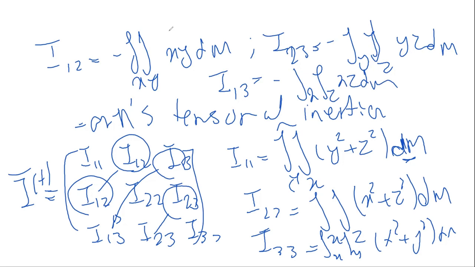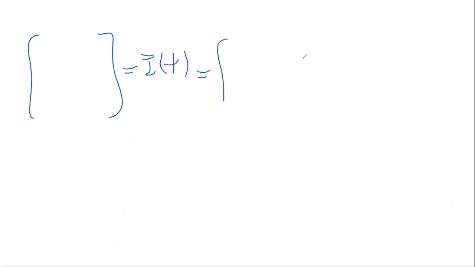And this tensor can be written in terms of two other tensors. For example, this tensor, I bar t, can be written in terms of A, B, and C plus C11, C12, C13, C22, C23, and C33, which is also symmetric.